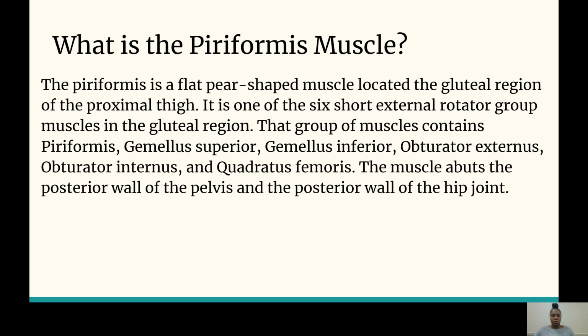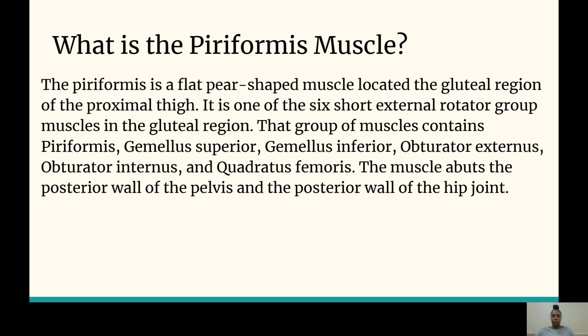So first, I'm going to be talking about what the piriformis muscle is. First off, it is a flat pear-shaped muscle located in the gluteal region of the proximal thigh.